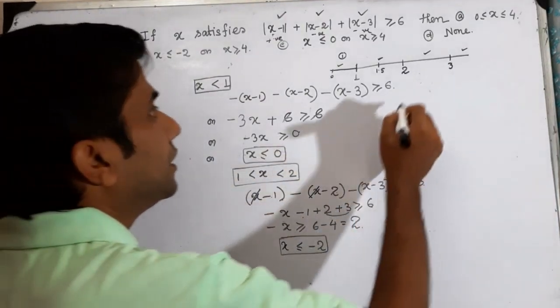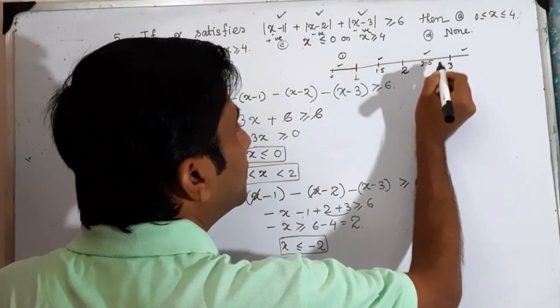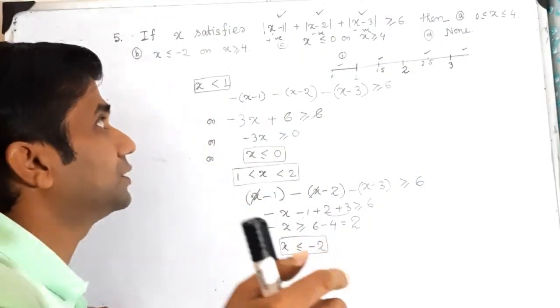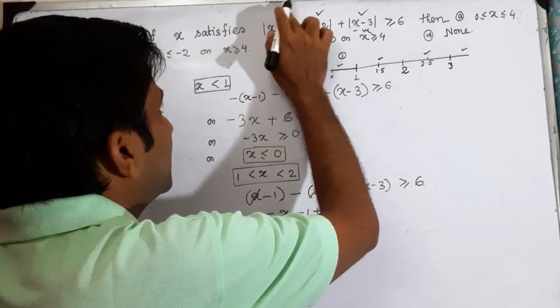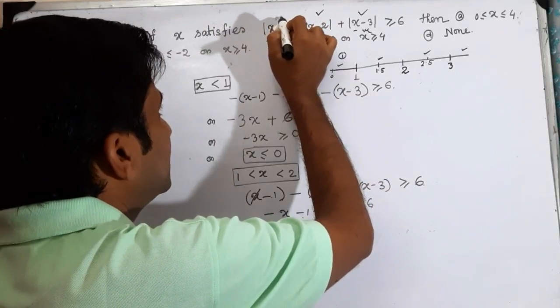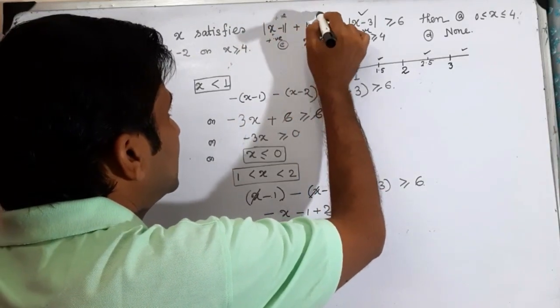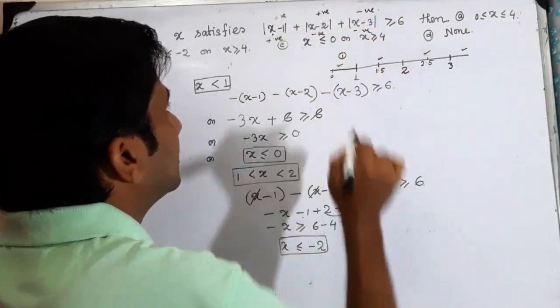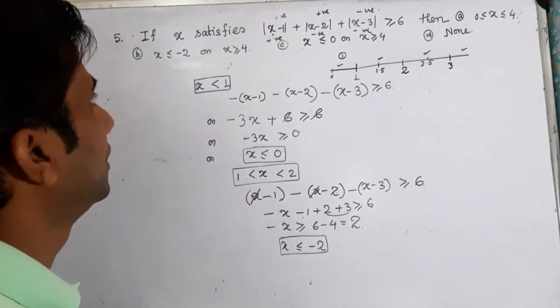Case 3, if you take 2.5 between 2 and 3, then after taking the value 2.5 here, this is positive, this is positive and this is negative.